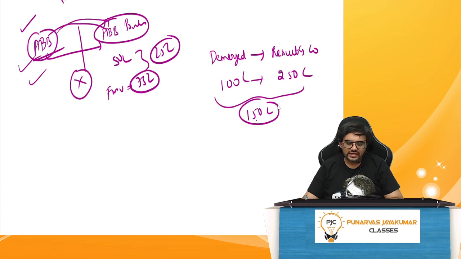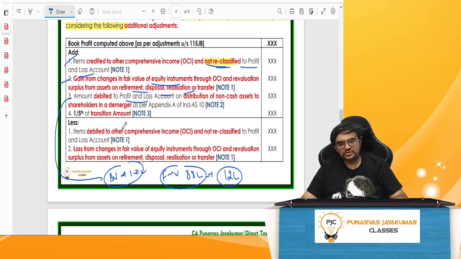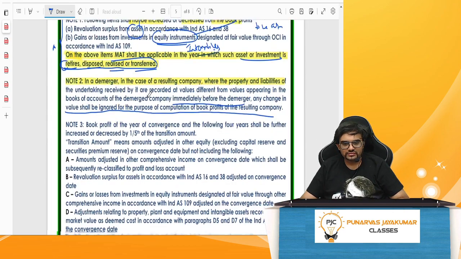This gain of 150 lakhs is reduced from where? It is reduced from the net profit of the demerged company or resulting company. Obviously, it is reduced from the demerged company. Correct? We'll see further about that. Check it out here.